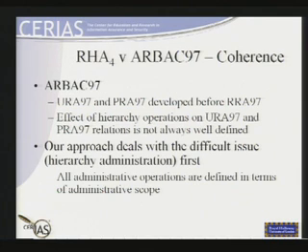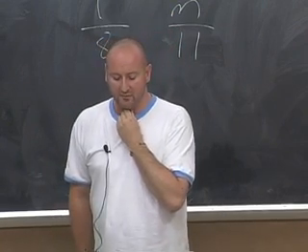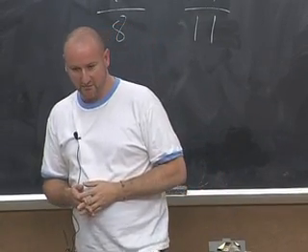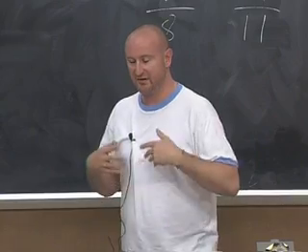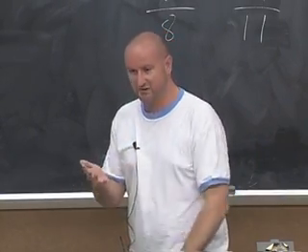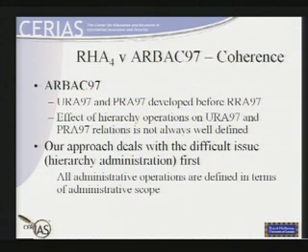So what about coherence? How does it all fit together? Well, there are some problems with RBAC 97. As I hinted at earlier, they hit the easy targets first. They looked at user role assignment and permission role assignment, and they adopted a rather arbitrary way of doing it, which was if this user satisfies some precondition, then he or she can be assigned to some role in this range.